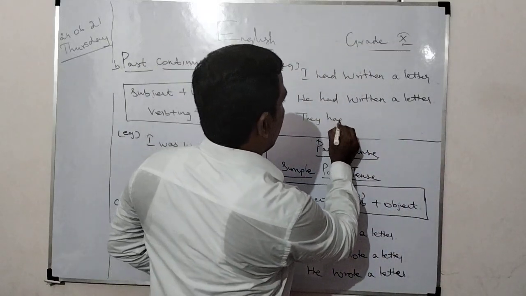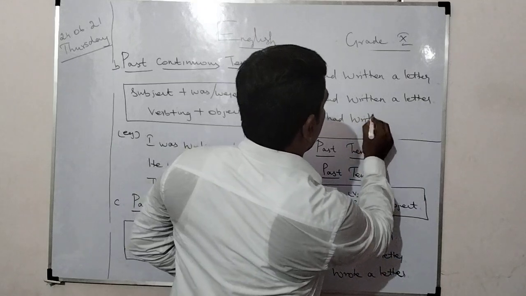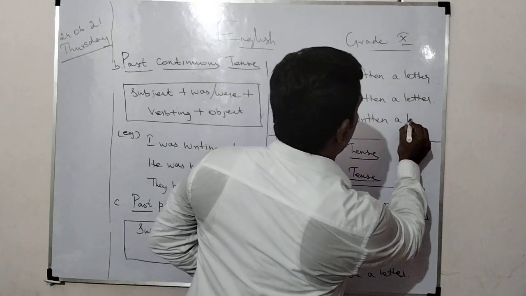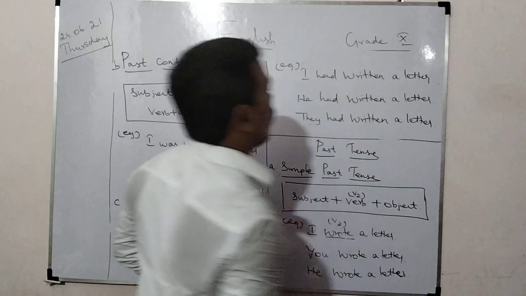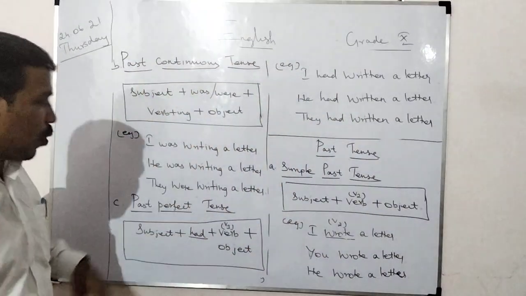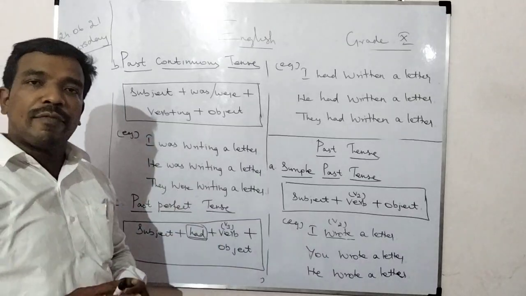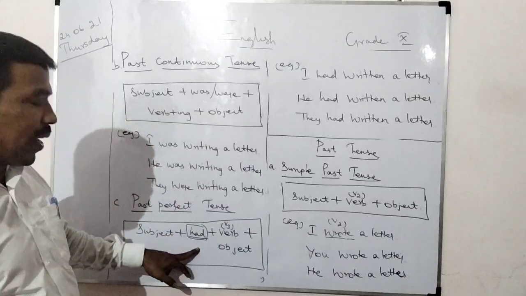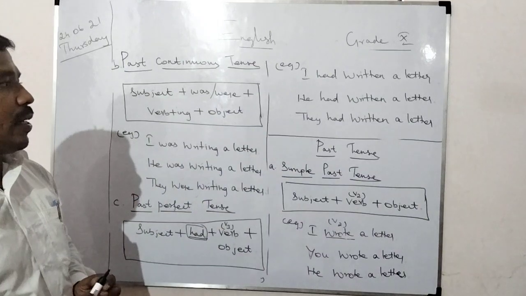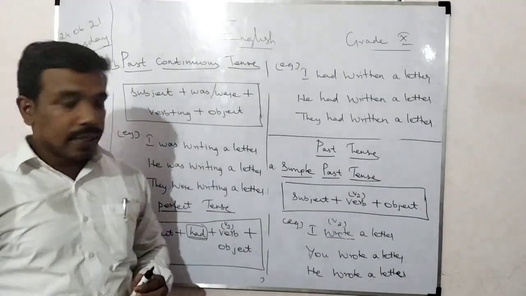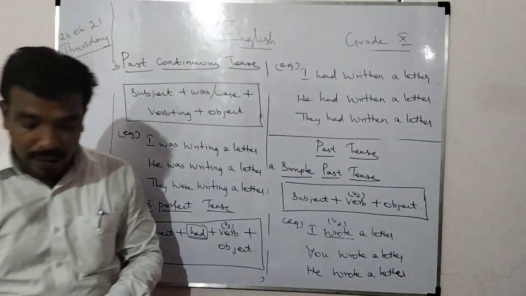They had written a letter. Have you understood, students? Here only one helping verb is there, so don't worry about that. For all three persons we should use only had. So I had written a letter. He had written a letter. They had written a letter.